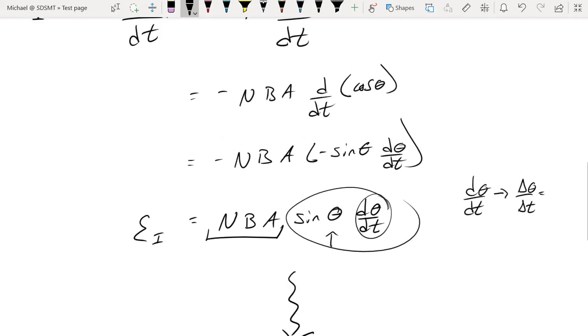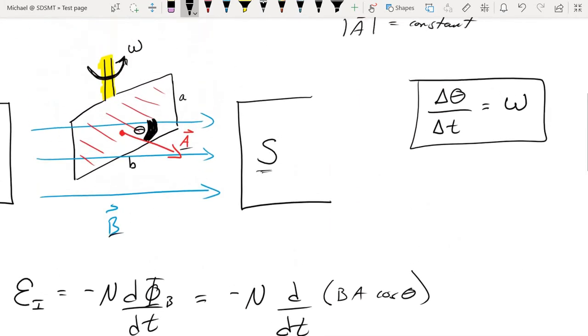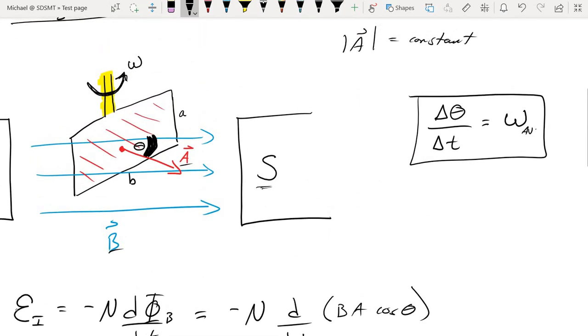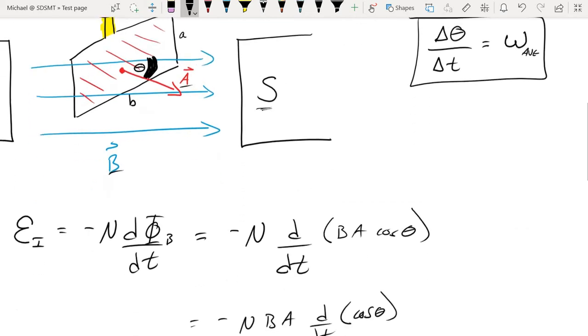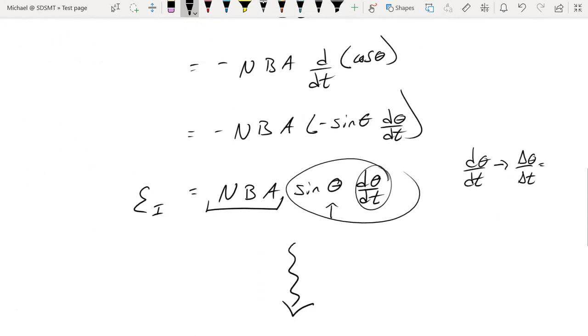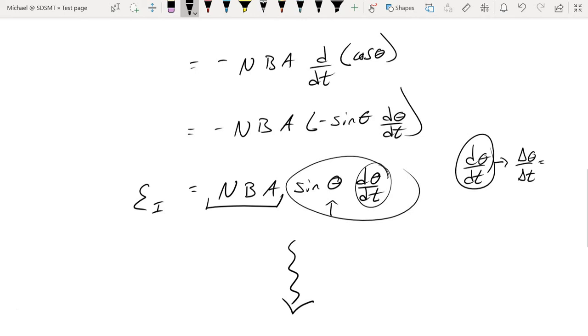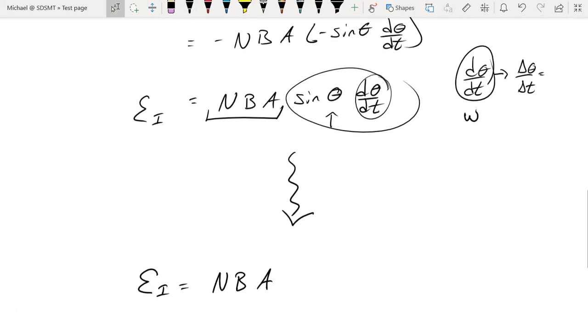In fact, the delta statement, the best that we would be able to do with that would be an average angular velocity. But in the case of d theta dt, this would be the instantaneous angular velocity for that system. So we can replace d theta dt with omega.